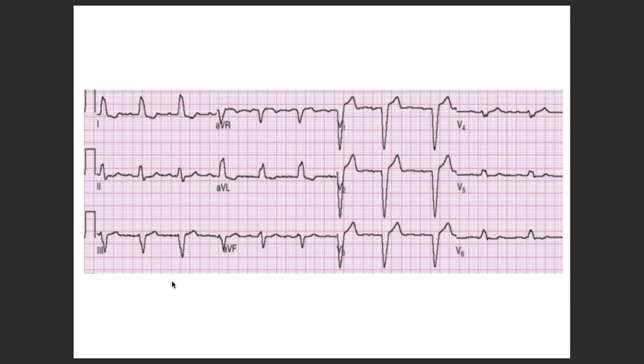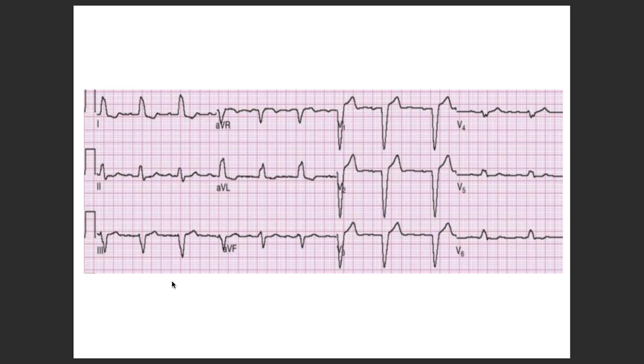And for left axis deviation, lead 1 will be positive, but in the right axis deviation it will be opposite. Here lead 2 will be positive and lead 1, of course, will be negative. So just looking at these two leads, you will be able to point it out.